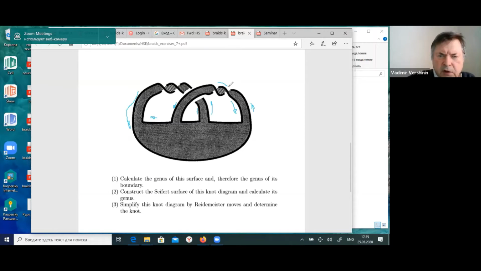This is in the opposite direction, and this is also going this way, but here we have this. So what will be the Seifert surface?